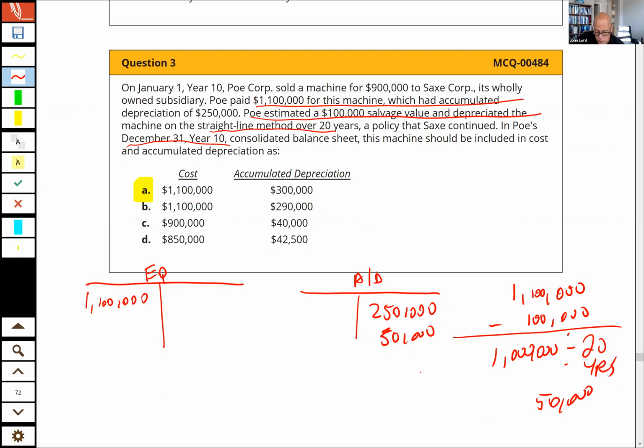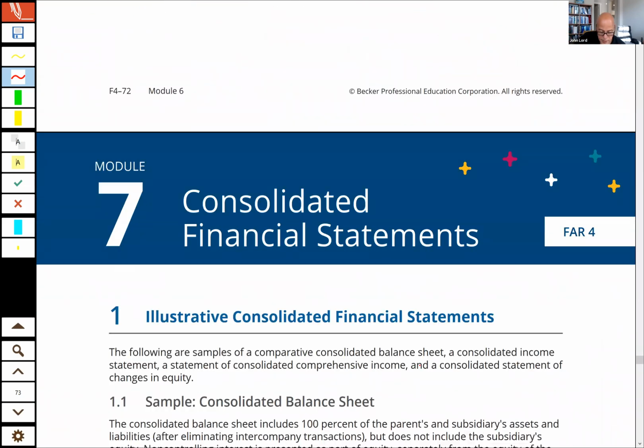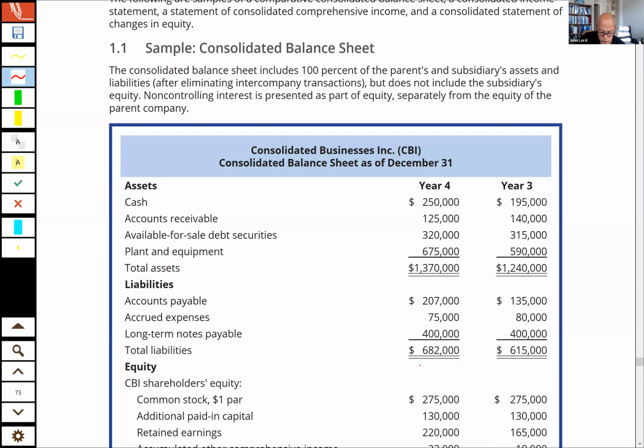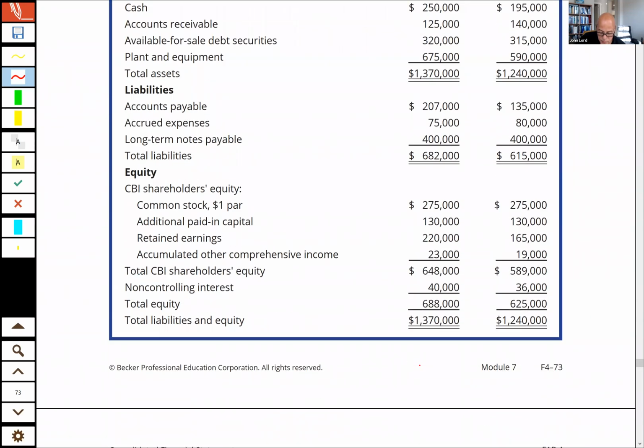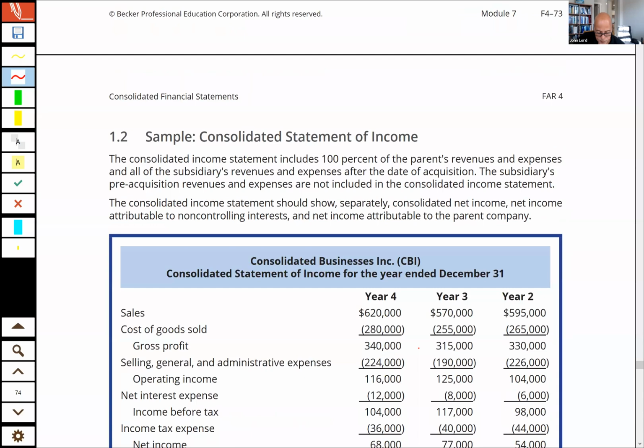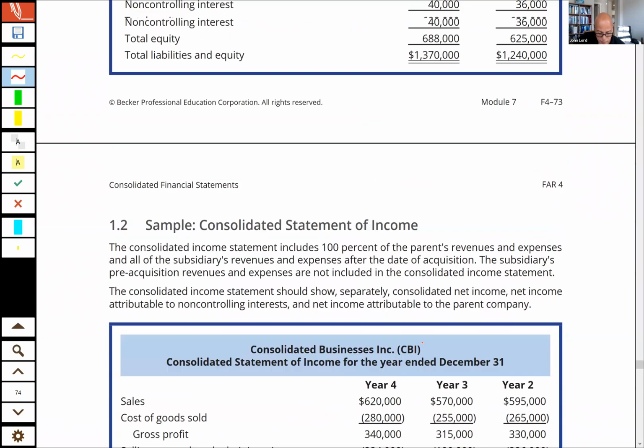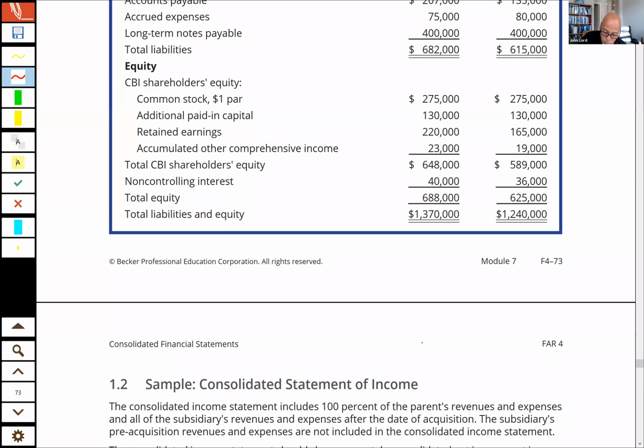Okay, good. So let's take a quick look at the sample consolidated statements. A couple of key things that we looked at before. Remember, guys, that we report the non-controlling interest, so assets and liabilities are reported at 100%, and then when we get down to the non-controlling interest portion, we simply add in the non-controlling interest part to come up with total stockholders' equity.